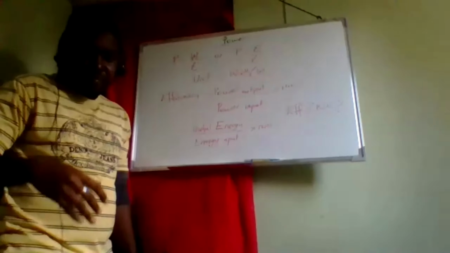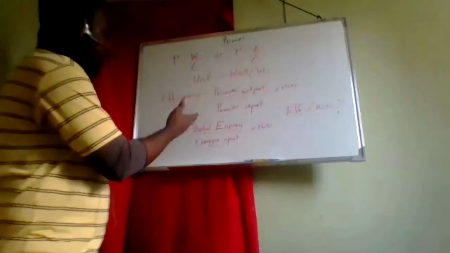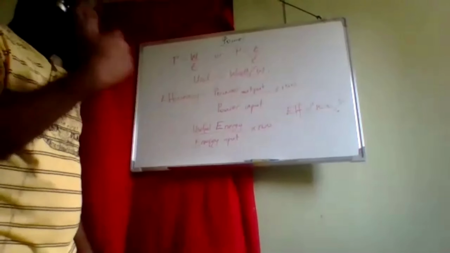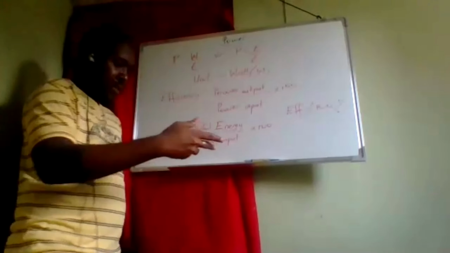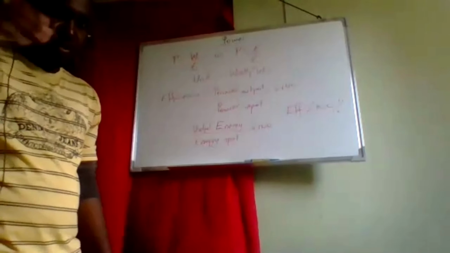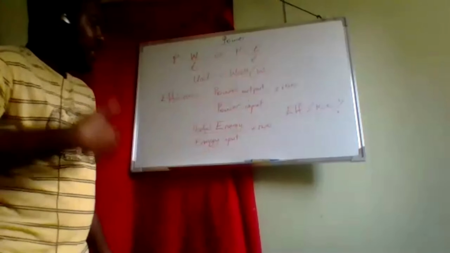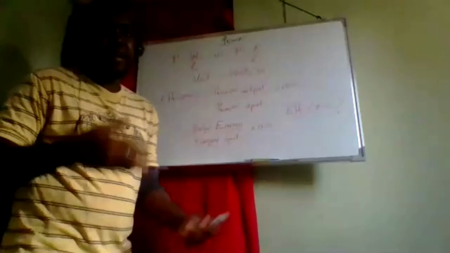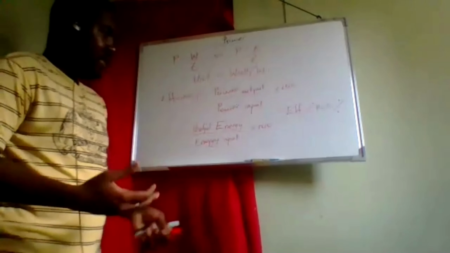So in regards to energy, any amount of energy being supplied to a machine, it will not be able to use all that energy to produce useful energy, because you're going to have byproducts like heat or light that are not necessary. Let's take a washing machine, for example.